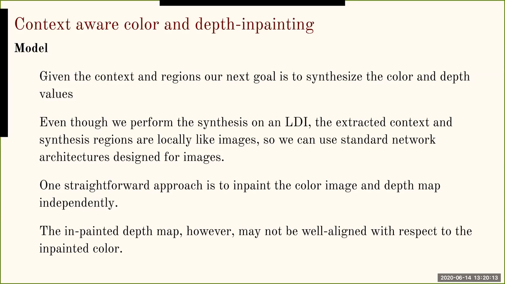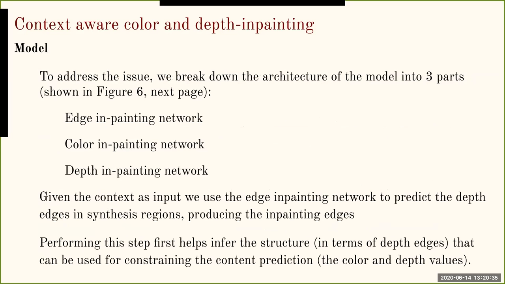A straightforward and naive approach is to inpaint the color image and the depth map independently. So as I said, using the Markov networks and all that stuff, we can just inpaint the color image and the depth map independently. The inpainted depth map, however, may not be well aligned with respect to the inpainted colors. Yeah, this is always a problem when we have a single image.